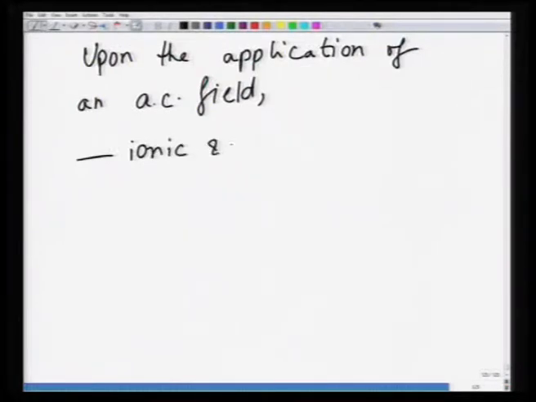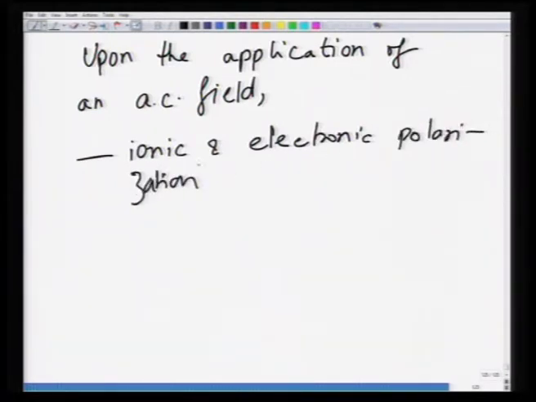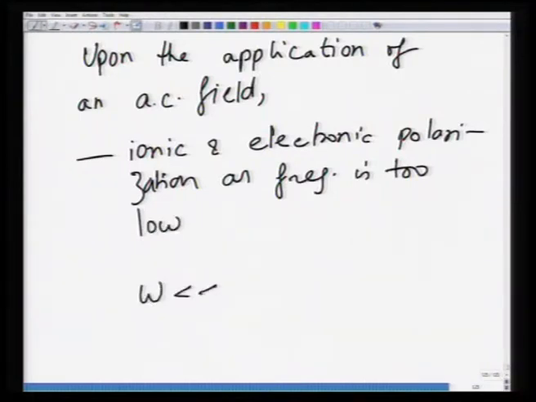So, you will of course have ionic and electronic polarization occurring, as the frequency is too low. So, omega in this case will be much smaller than omega_0I and omega_0E. So, both of these phenomena will occur in any case.